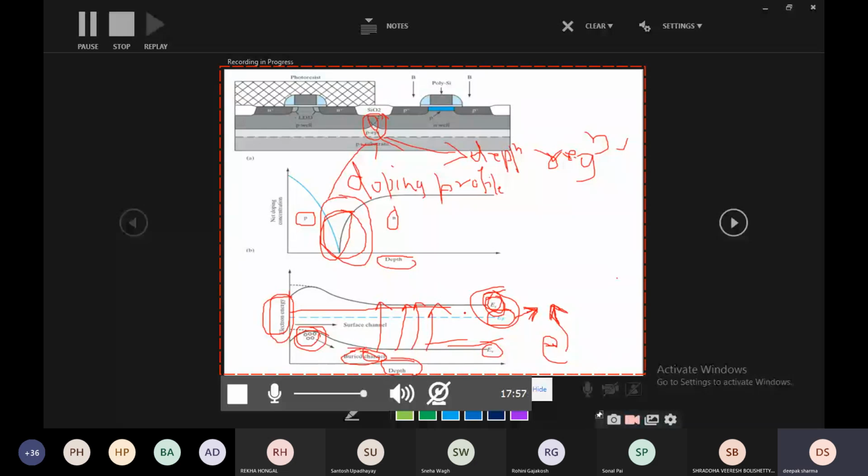When they gain some energy, they jump from valence band to conduction band, and when they jump, there will be a collection of holes. That's it, right?